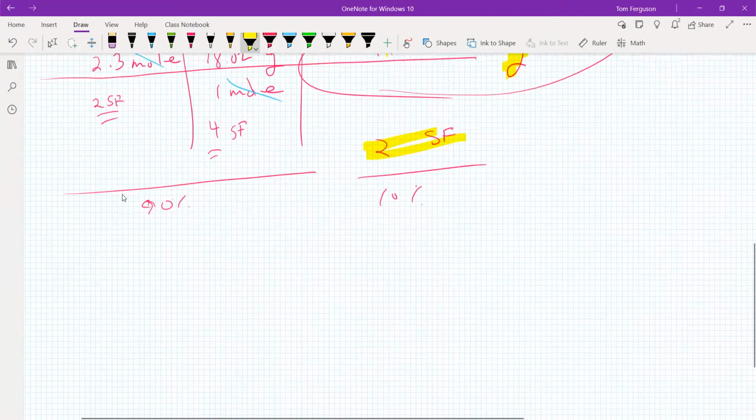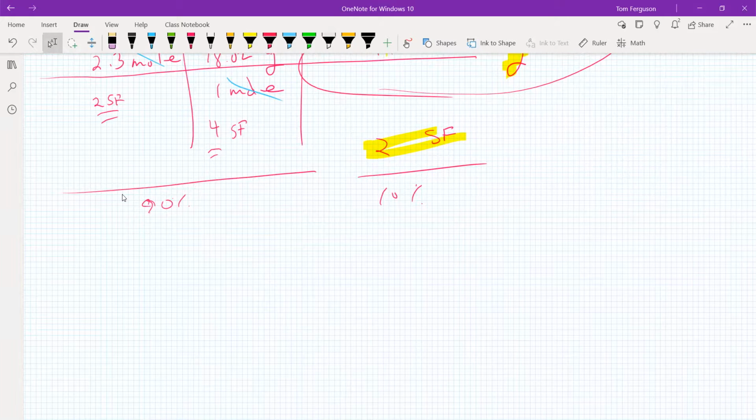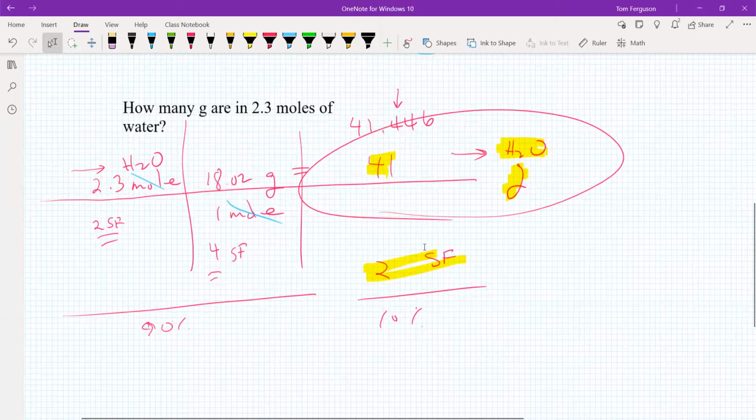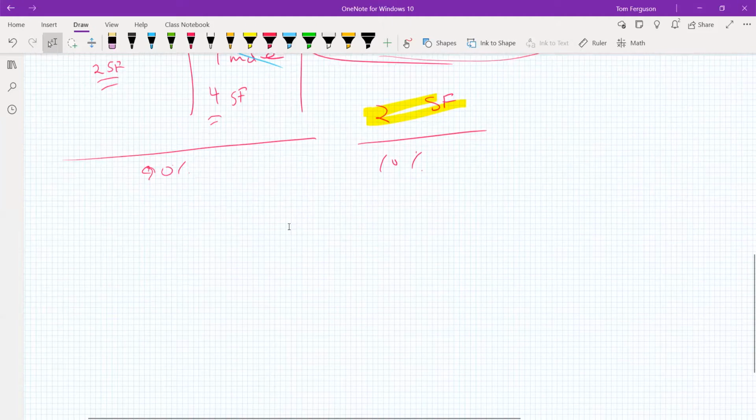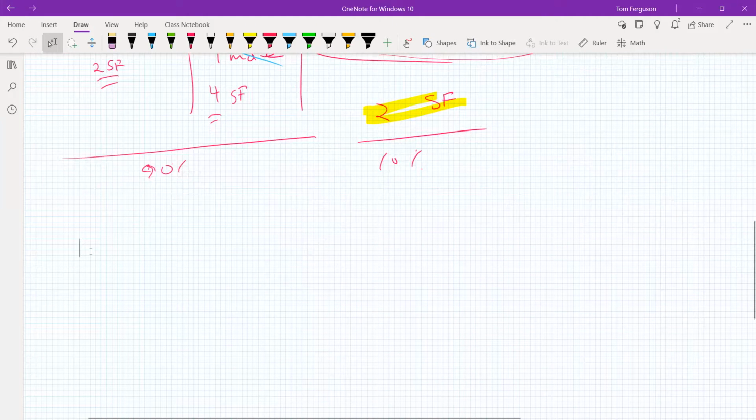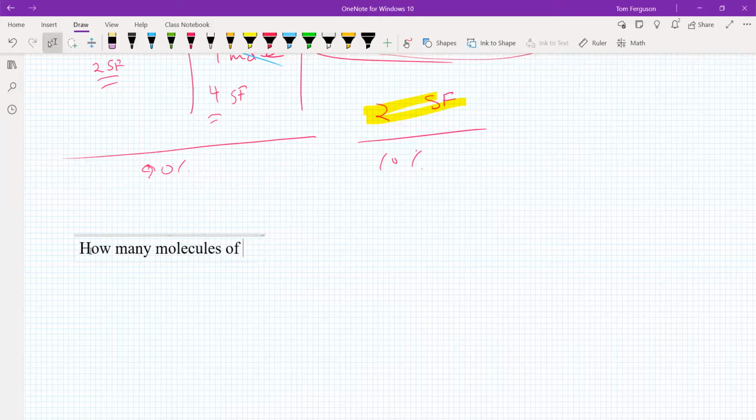Okay, so let's do another problem. Let's do one a little trickier. Are there any questions about this? Okay, how many molecules are in 4.56 grams of water?